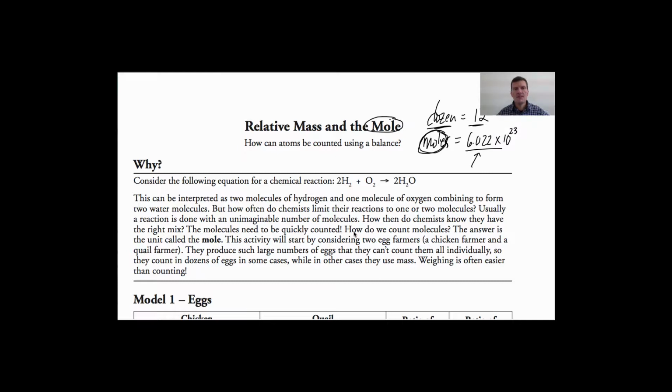We need a larger quantity, just like instead of one egg, you might have a dozen eggs. That quantity chemists use to talk about a large group of particles is your mole.